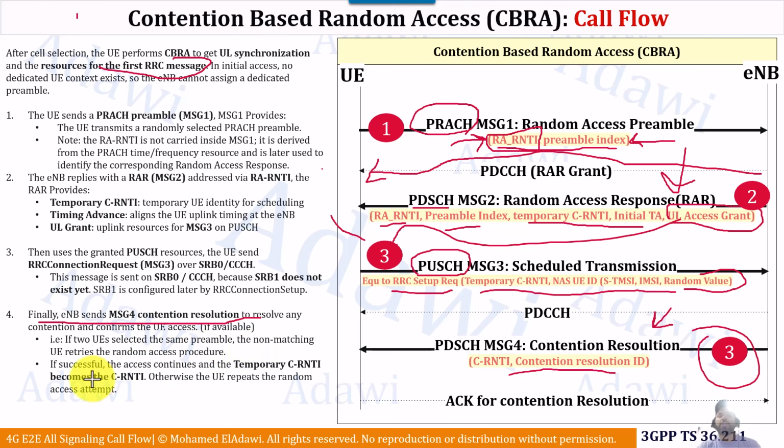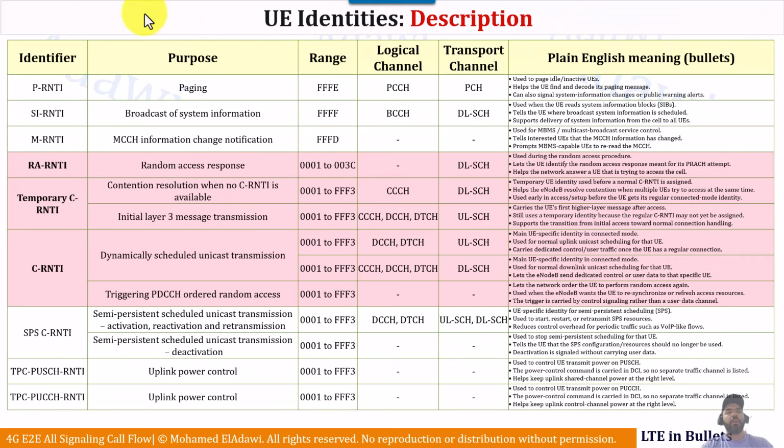The one which successfully decoded the contention resolution message will now convert the temporary CRNTI to CRNTI. Otherwise, he will retry the random access attempt. So actually, this is like giving again an introduction to whatever we're going to see in the message contents, but the message contents later on will also include more details.